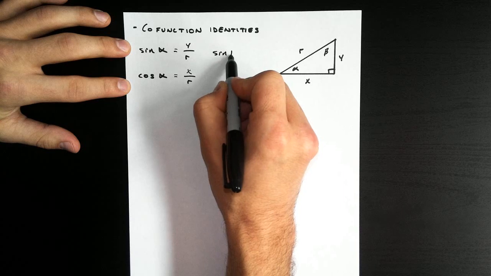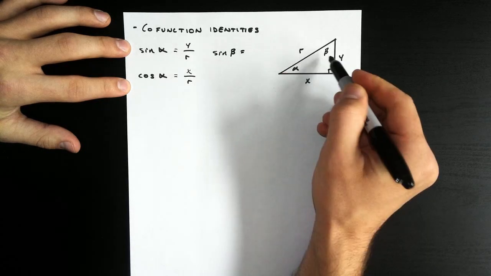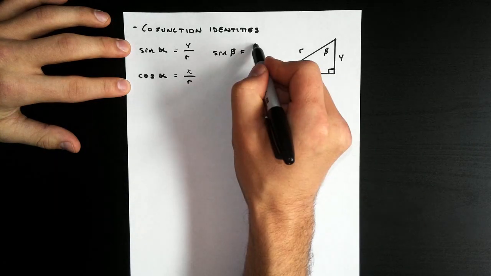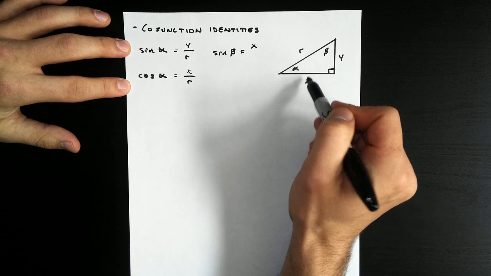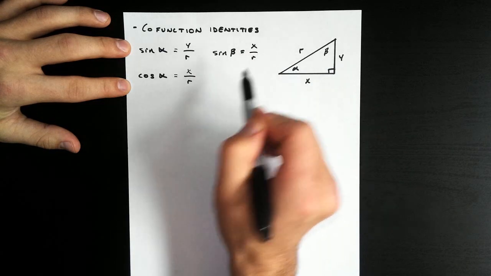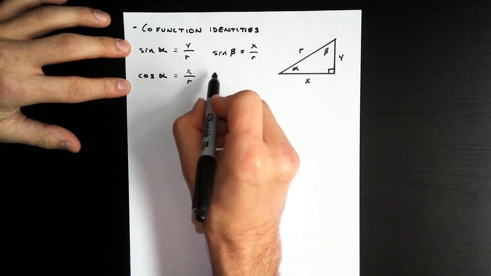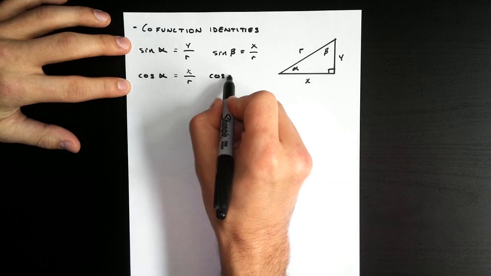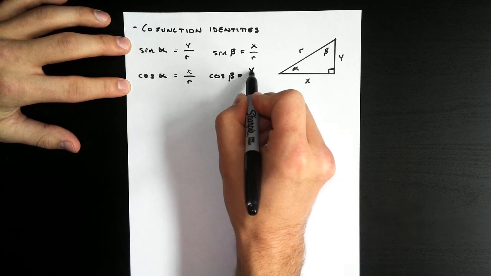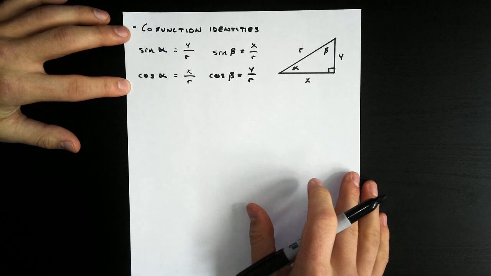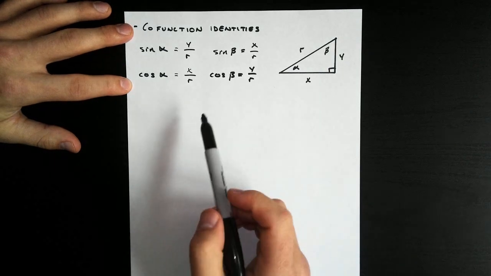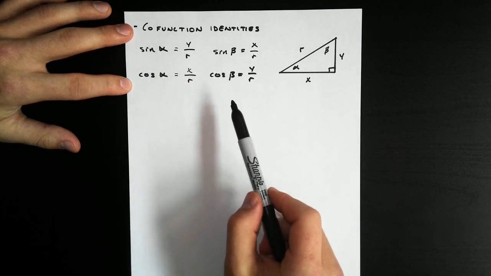So the sine of beta, opposite to beta is x, and then the hypotenuse is still r, and then the cosine of beta is equal to y over r. And then hopefully you can see here that some of these fractions are equal to each other.